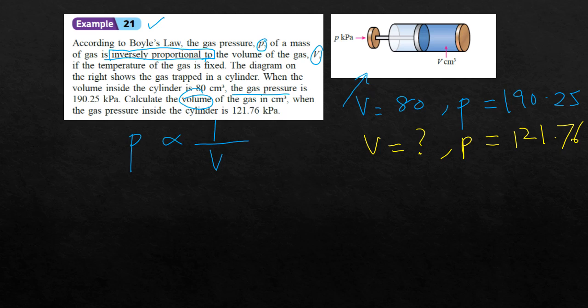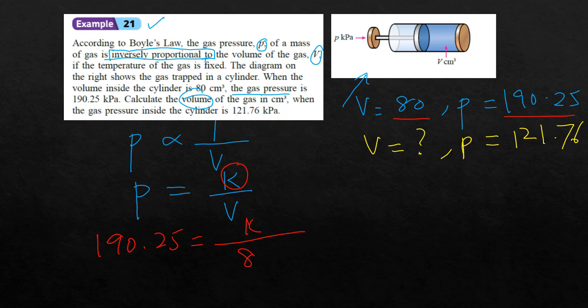So now what you have to do is change this into equation form, P equals K over V. Then you have to find your K by substituting the P and the V. So 190.25 equals K over 80.